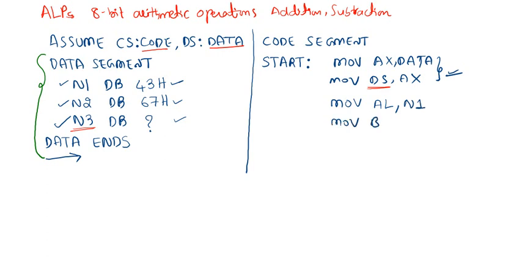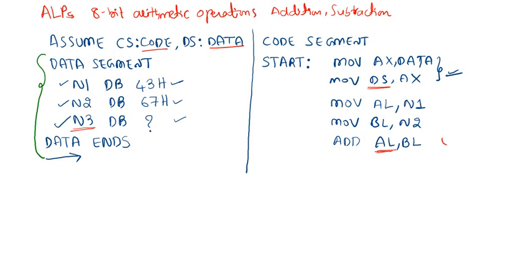Mov BL, n2: n2 will be loaded to BL. Now you can use the direct instruction add AL, BL. The contents of AL and BL will be added and the result will be stored back in AL. So the result will be available at AL.